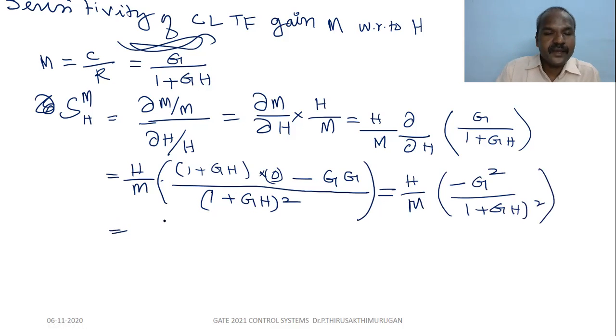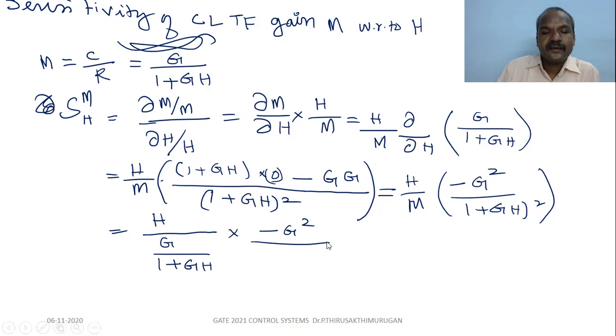Here you can simplify. H is there. What is M again? G by 1 plus GH into minus G square over 1 plus GH whole square.